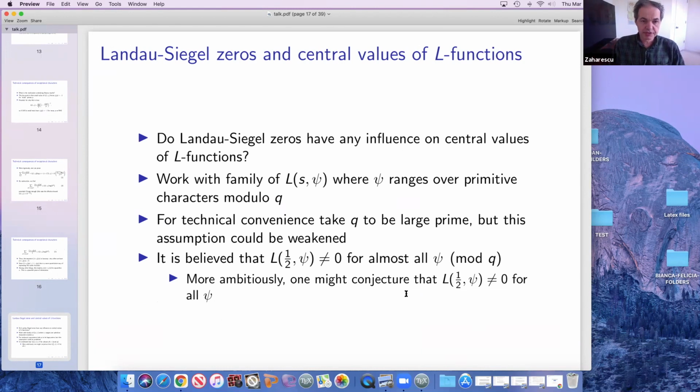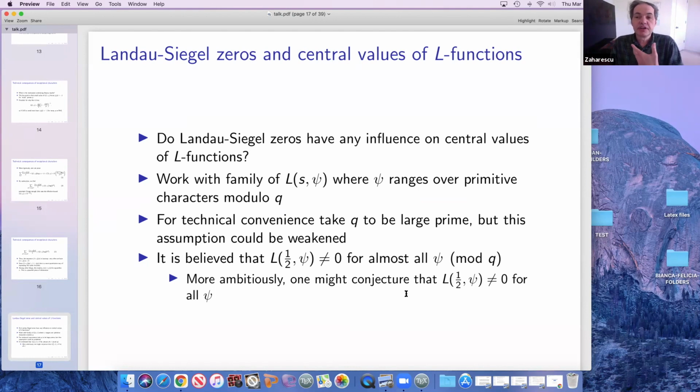Okay, now for the second part of this talk, we're interested, talking about myself and my co-authors that I'll mention in a moment, Hung Bui and Kyle Pratt. We were interested to see how an assumption of the existence of a lambda equals 0, one bad enough lambda equals 0, has an influence in a certain range on central values of L functions.